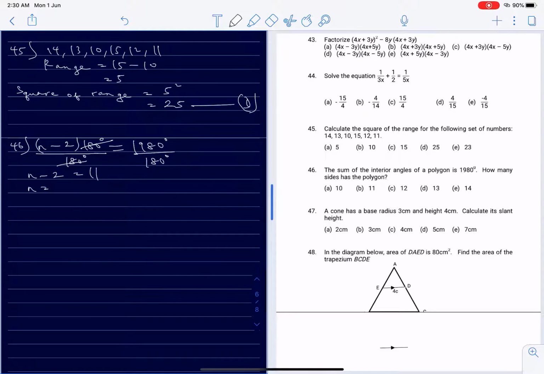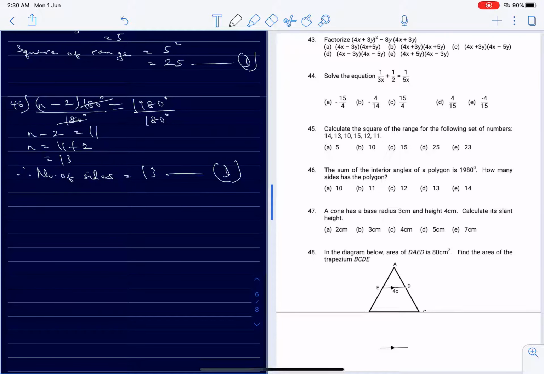So that means n is equal to 11 plus 2, which is 13. Therefore, the polygon has 13 sides. Number of sides is equal to 13. And the correct option is D.